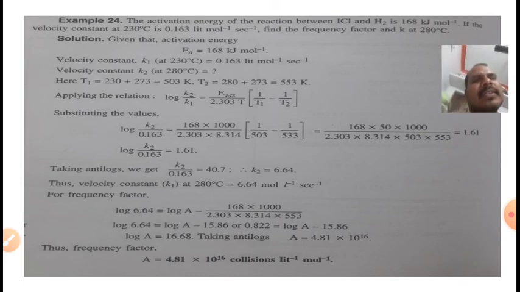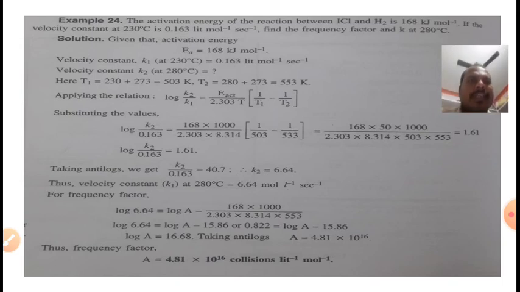We can calculate the frequency factor and K2 from the Arrhenius equation. First we find out the K value, then we will find out the A value, that is the frequency factor.